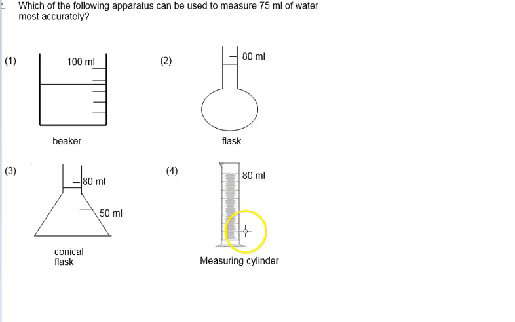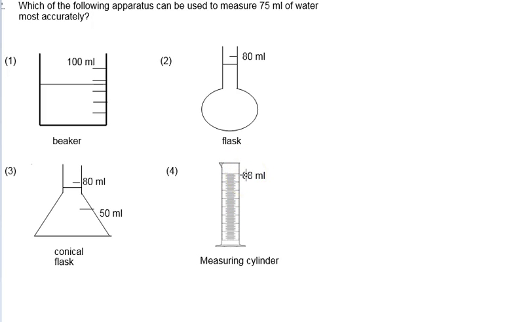So for each of these longer lines, we can see that it is about 10 ml. Why? Because 80 divided by 8 lines is 10 ml each. So we have 10 ml, 20 ml, 30 ml, 40 ml, 50 ml, 60 ml, 70 ml, 80 ml.